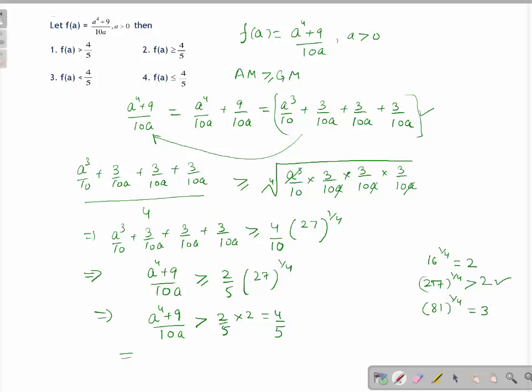So from here we can say that f of a is greater than 4 by 5. It is not greater than or equal to 4 by 5, but it is greater than 4 by 5. So the first option is our answer. I hope you have understood this concept. Okay, now come to the next question.